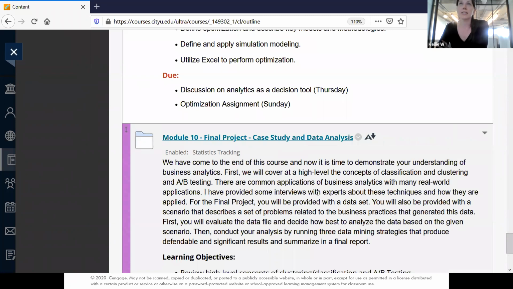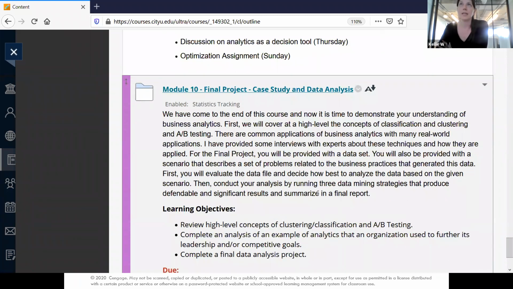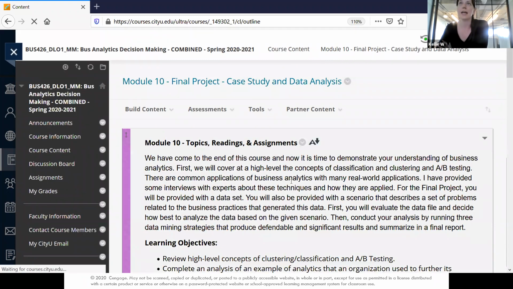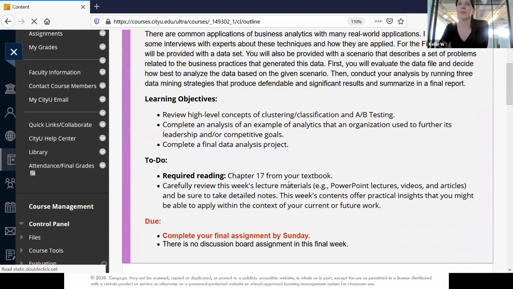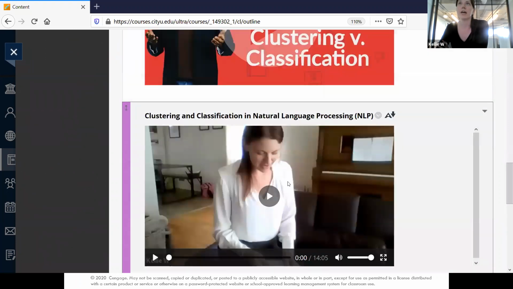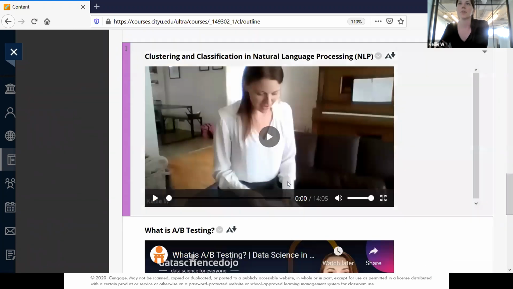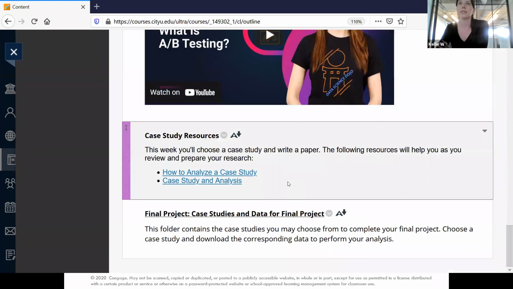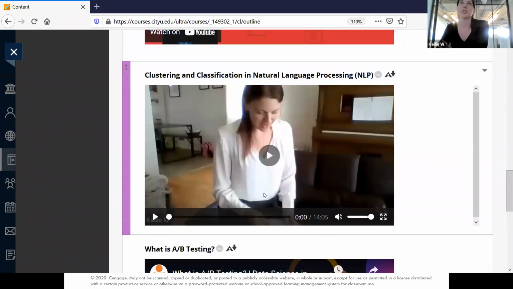For your final project, you're going to be doing a case study. I've given you a couple of resources, and you're going to choose a case study, download the data, and perform some analysis on it.